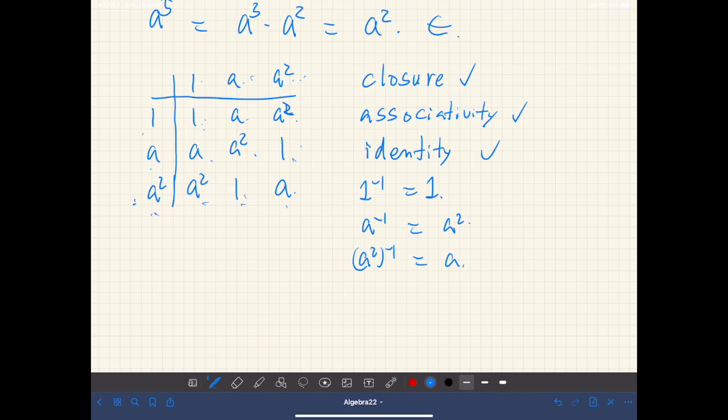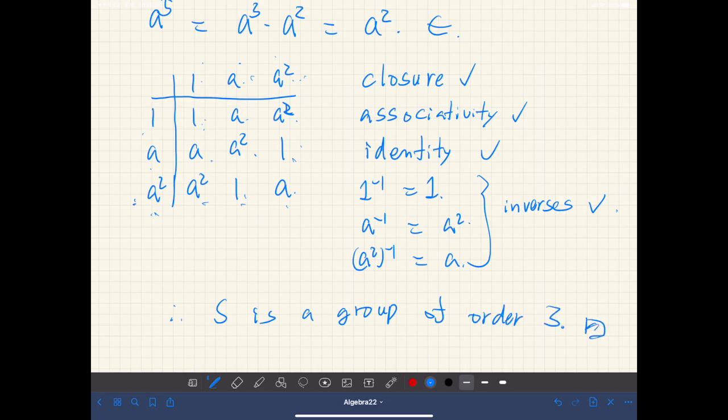For every element, there exists an inverse element. Therefore, S is a group of order 3. And we are done.